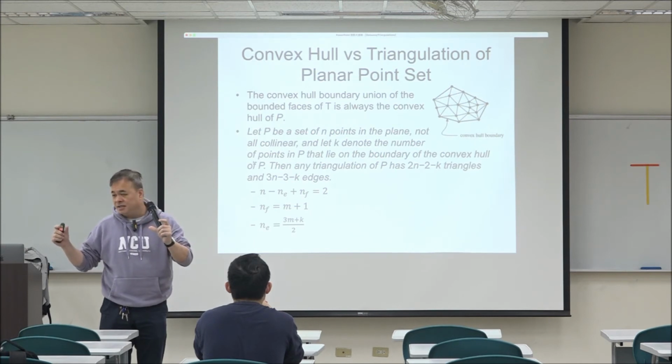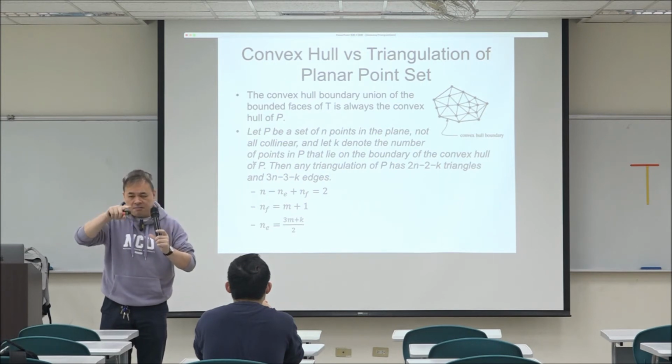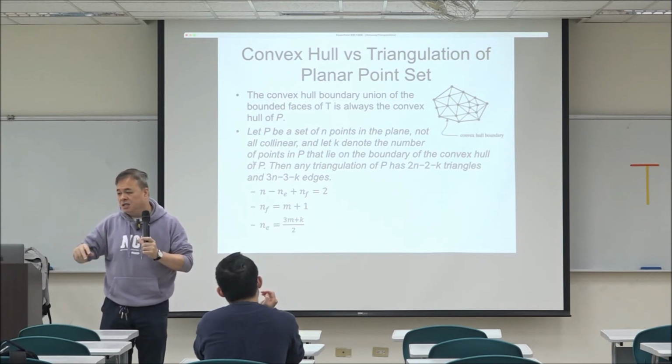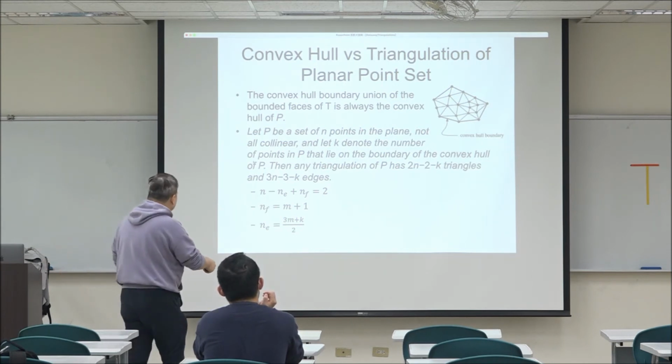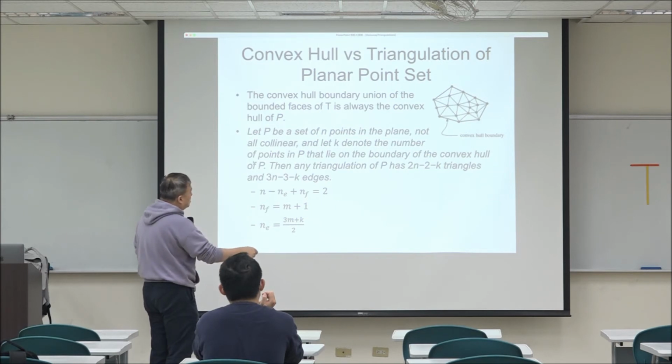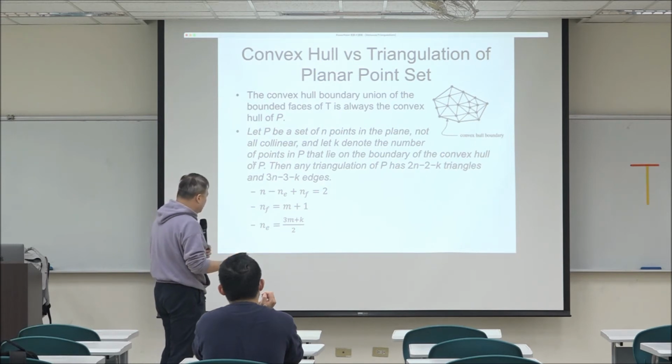Once you can represent m by a combination of n, you plug that in here, and you will get the number of faces and the number of edges. And the number of faces minus 1 will be the number of triangles, obviously.